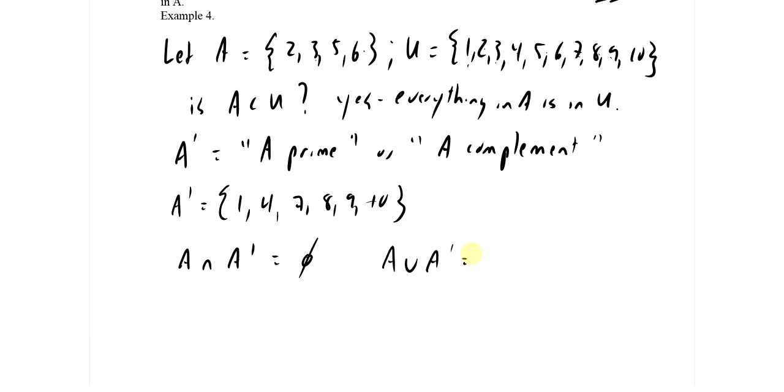What's everything that's in A or in A prime? Well, 1, 2, 3, 4, 5, 6, 7, 8, 9, 10. Everything in U is in either A or in A prime, right? Everything in U is either in A or it's not in A. And so A union A prime is the entire set U.